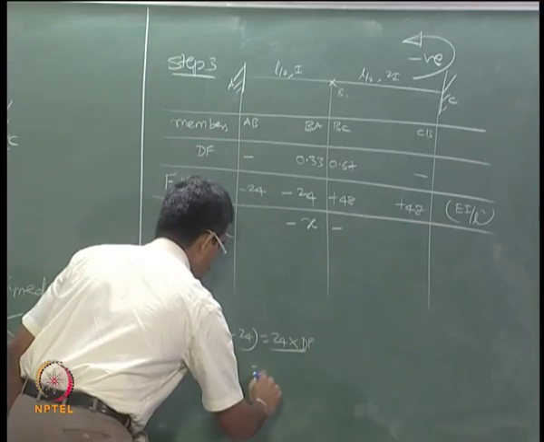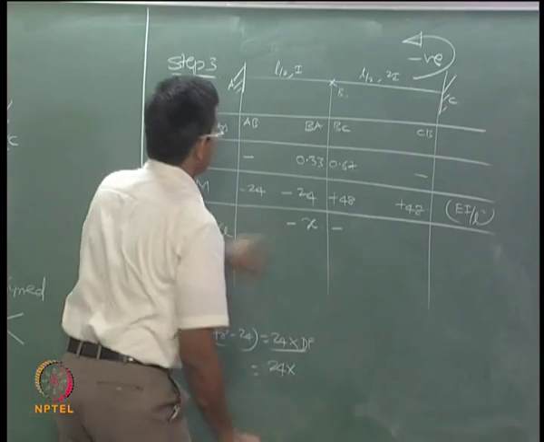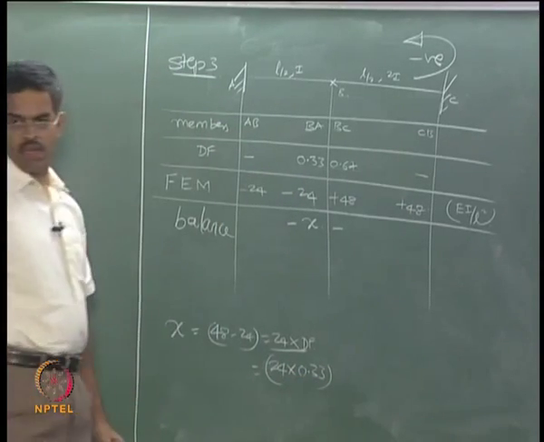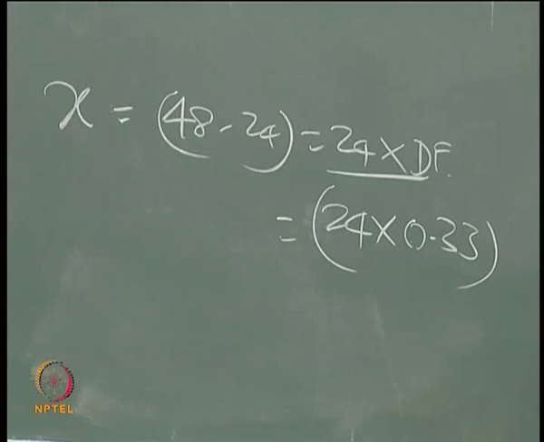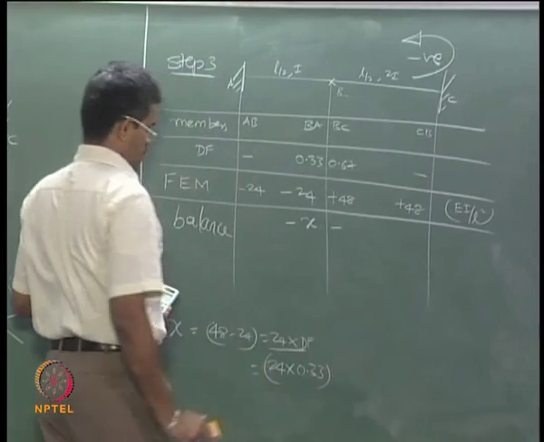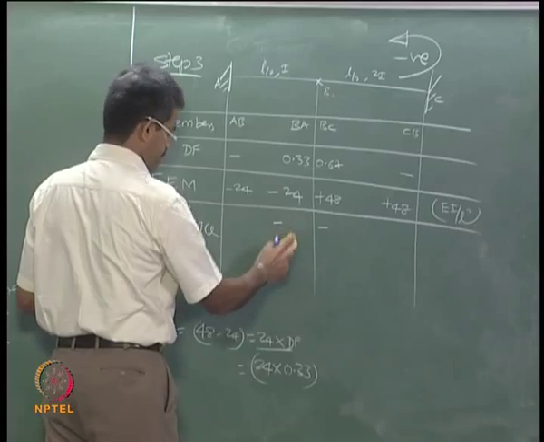So, in my case it is going to be 24 multiplied by 0.33. So, 7.92. So, I will remove this, I will enter 7.92 here.